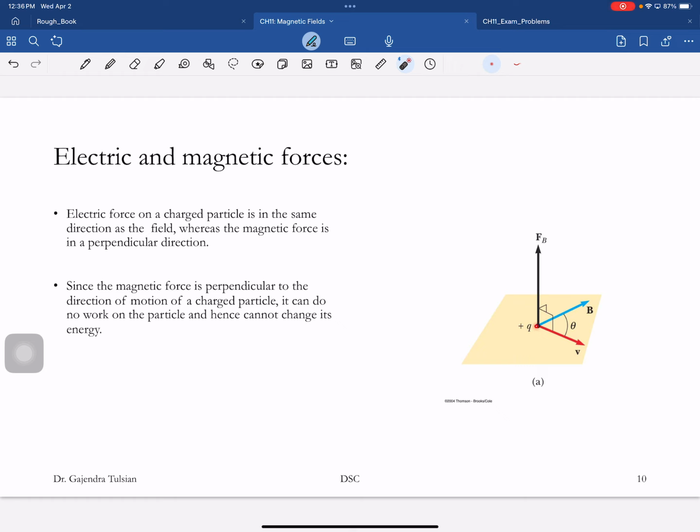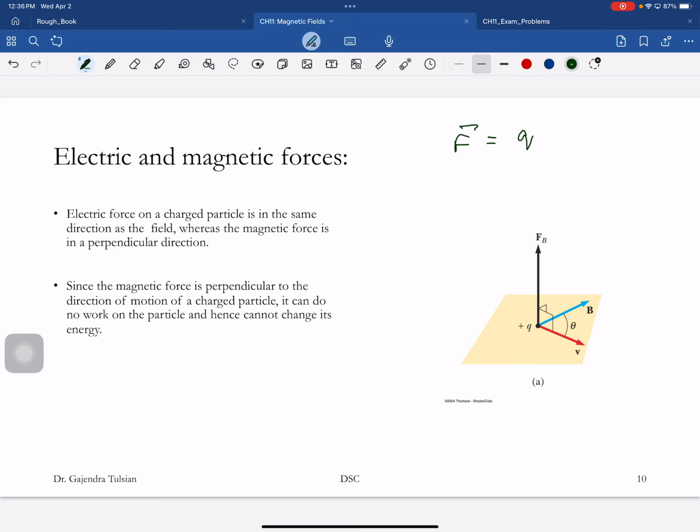Again, if a positive charge is moving in this direction, there's the magnetic field, and that's the direction of the force. And if a negative charge was moving in the same direction, what would be the direction of the force? In the opposite direction. And you can see that from the equation.